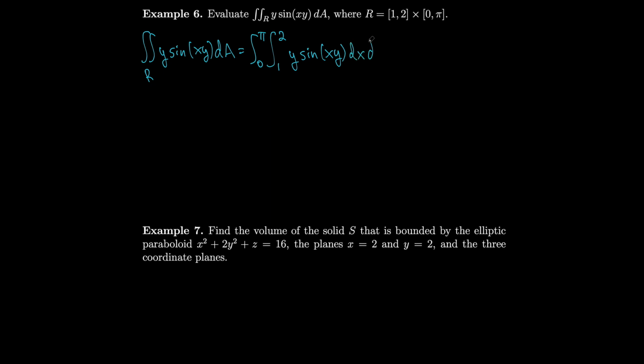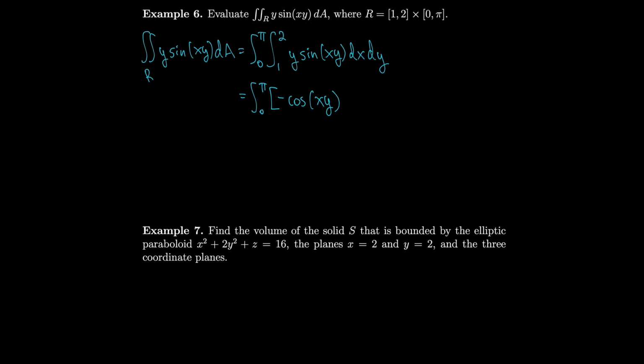So I have dx dy when I use Fubini to convert my double integral into an iterated integral. So we always want to choose the most convenient iteration. So this is the integral from 0 to pi of minus cosine xy.